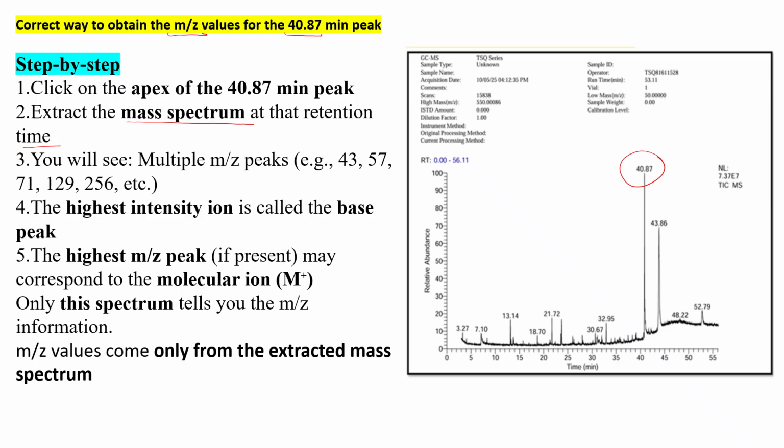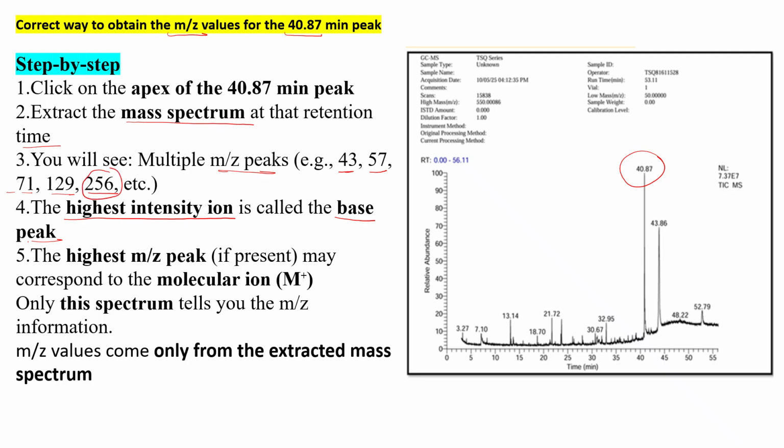We will see multiple m/z peaks, for example 43, 57, 71, 129, 256. The highest intensity ion is called the base peak. For example, if the highest of these is 256, then the base peak will be 256.